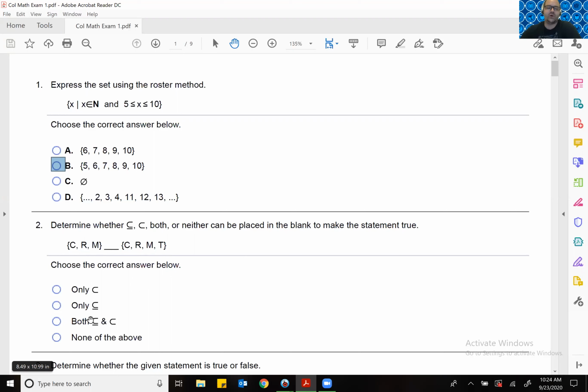But the question is, what's the difference between being a subset and a proper subset? There was one minor difference. So we know it's one of these two, subset or both. What's the difference between being a subset and a proper subset? What makes a proper subset?